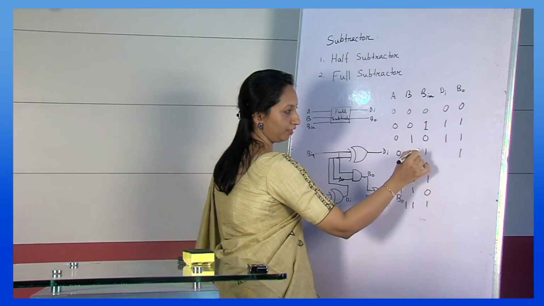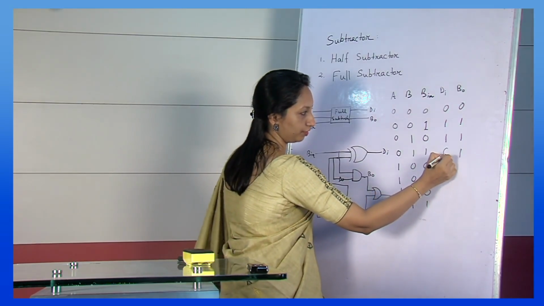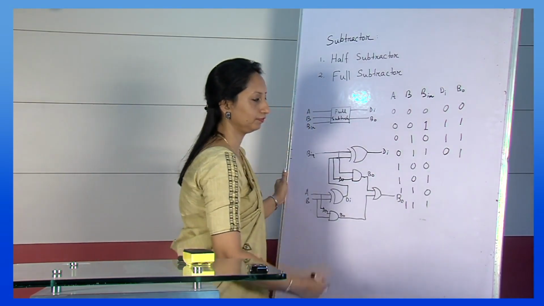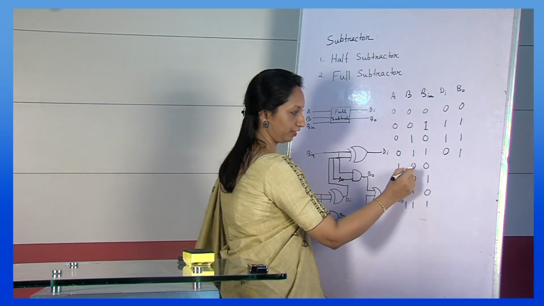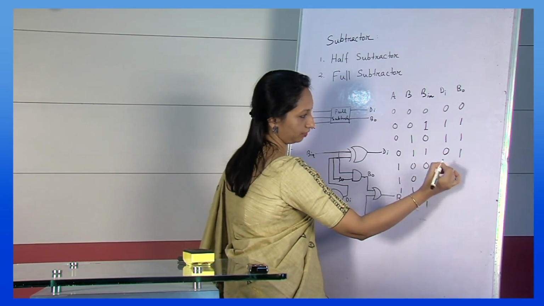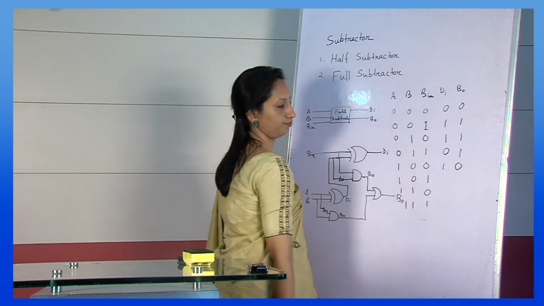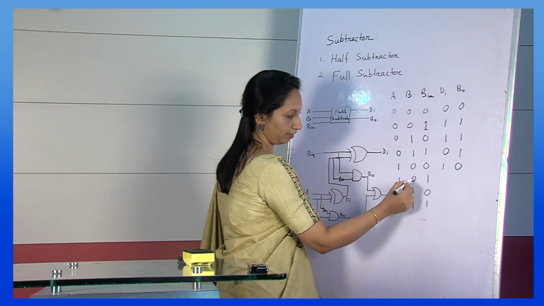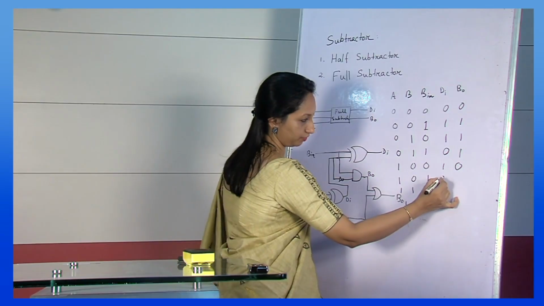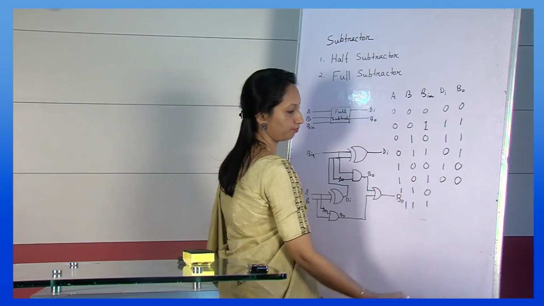Then 1 minus 1 is 0, so difference is 0. Next, 1 minus 0 is 1, again 1 minus 0 is 1, so borrow is 0. Next, 1 minus 0 is 1, again 1 minus 1 is 0, so borrow is 0.